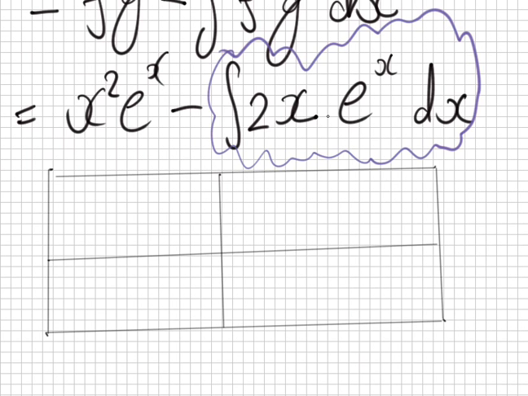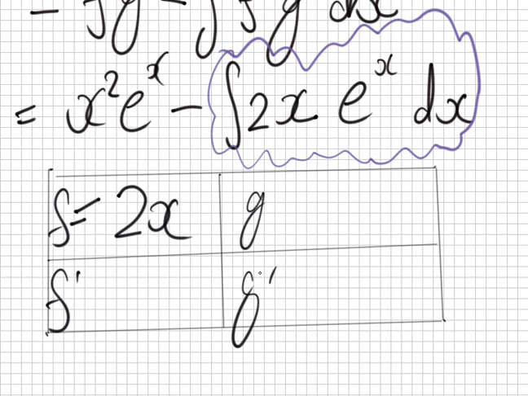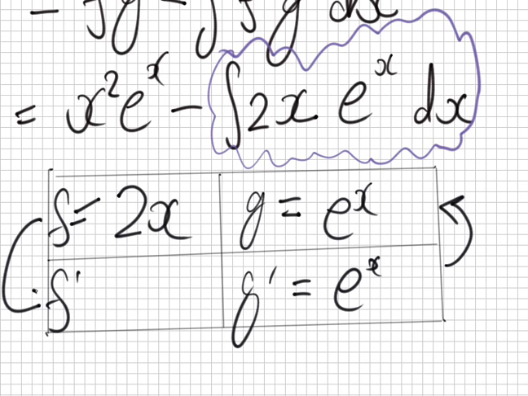So in this one, F, F derivative, G derivative. What's the F? 2x. And then the G derivative is e^x. So therefore, what is the G? e^x. And what is the F derivative? 2.